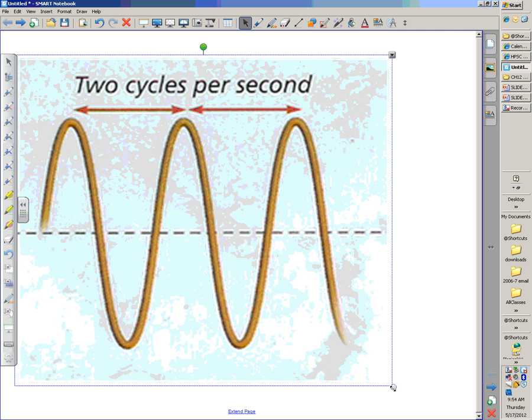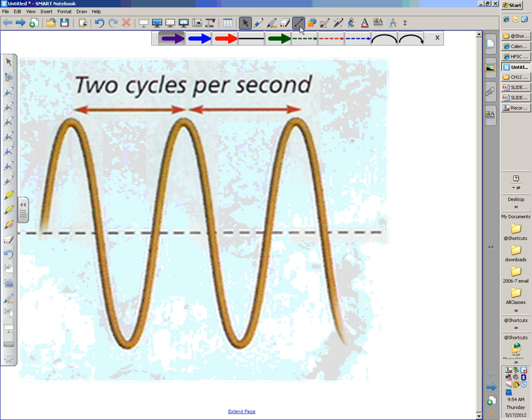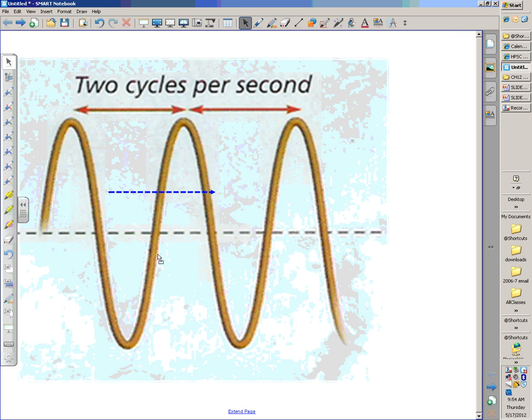As far as measuring the wavelength goes, we said we could measure it crest to crest or trough to trough, and we should see that that distance should be the same, right? Or we could start it in the middle. But if you're going to start it in the middle, you got to make sure that you go up and then down and up, because that's one full wave. Does that make sense? Okay.